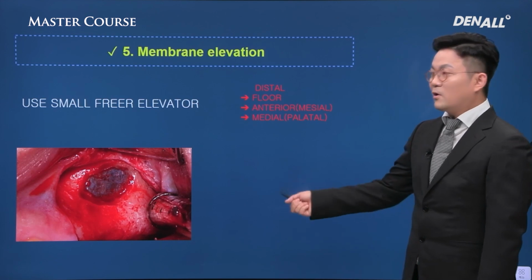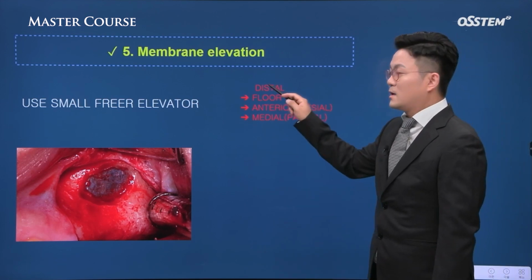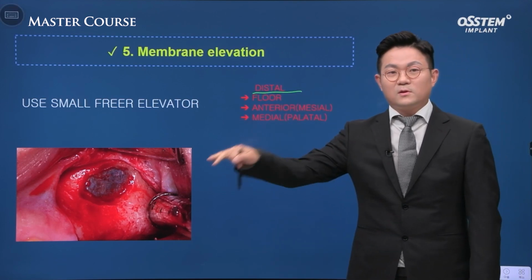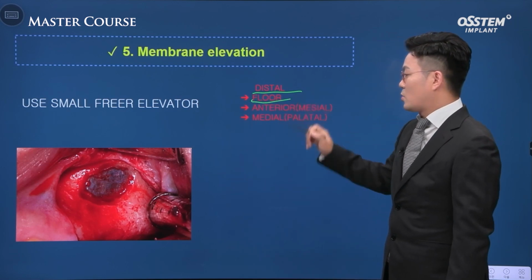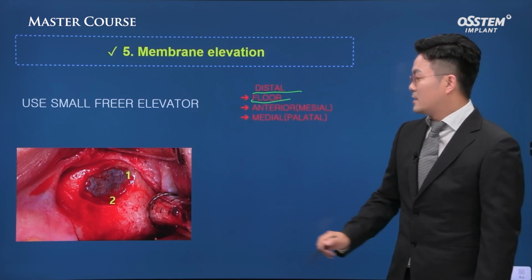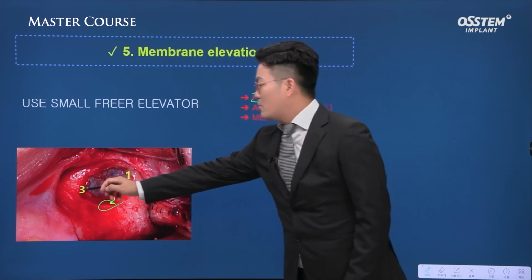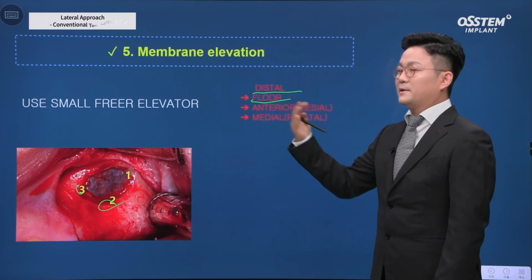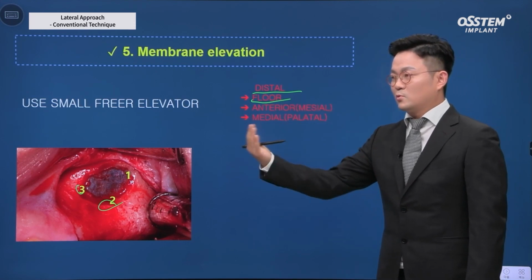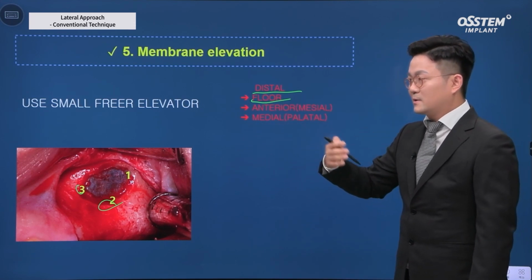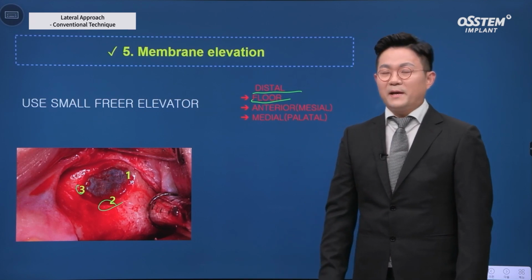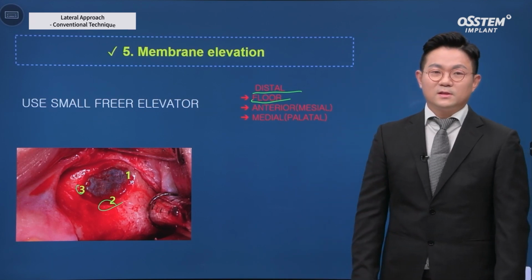So the step is very important. You start off with the distal side, and then the floor side is the next one. So this will be number 2. Next will be the mesial side, and lastly, once everything is all off and there's less tension, then you go to the palatal or medial side.